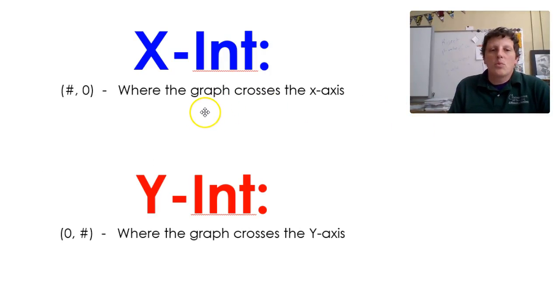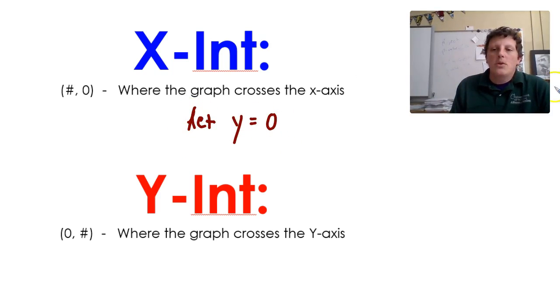X-intercepts are where the function crosses the x-axis. There are occasions where the function does not cross the x-axis, so it is possible that you may not have an x-intercept. Remember that anytime you want to find an x-intercept, you can do this algebraically by letting y equal 0 and then solving for x.